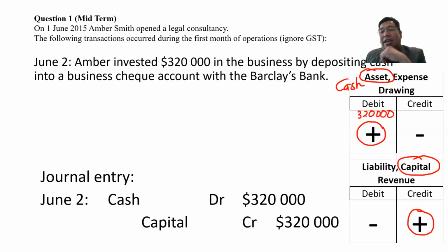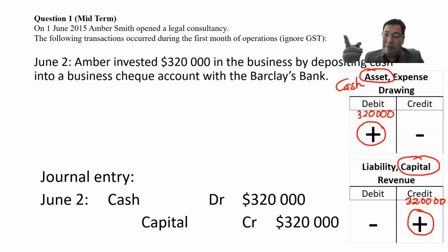And then for the capital, where does the money come from? Is it borrowing, a loan, or the capital given by Amber? The answer is capital given by Amber, so I'm going to credit the capital account by 320,000. Capital is the amount given by the owner of the business.